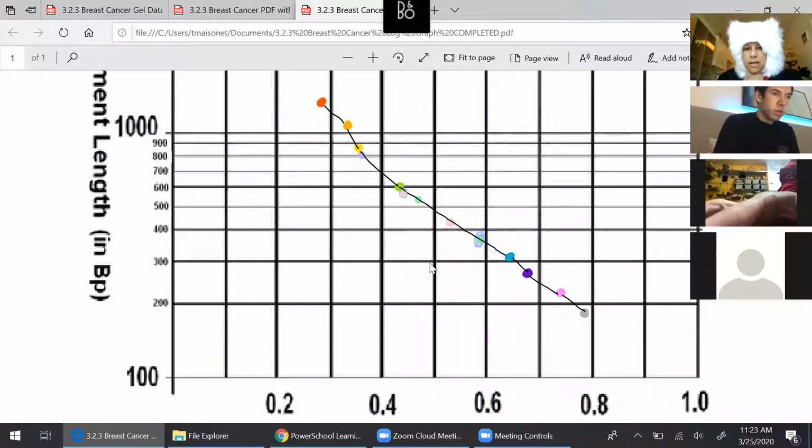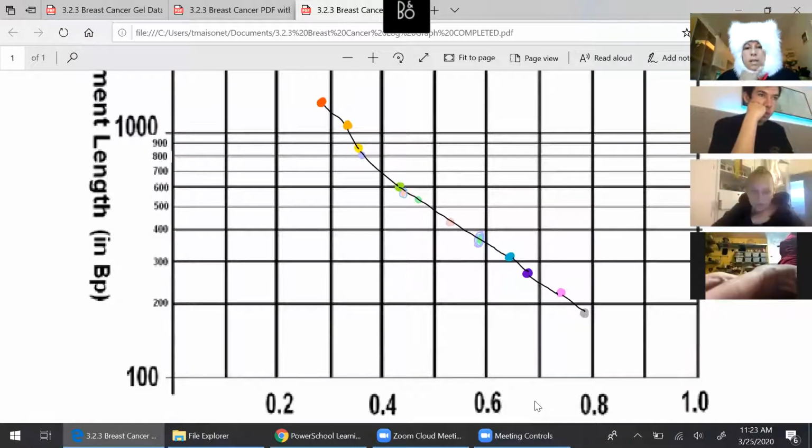I'm going to leave this here and just ask someone to participate. What if I had a patient whose band came up as 0.7? Approximately how many base pairs would you say that patient's band was if their reference was 0.7? About like 250 probably. Yeah, beautiful.